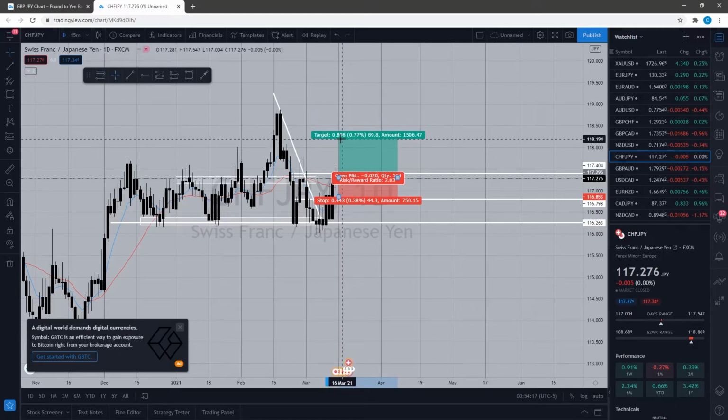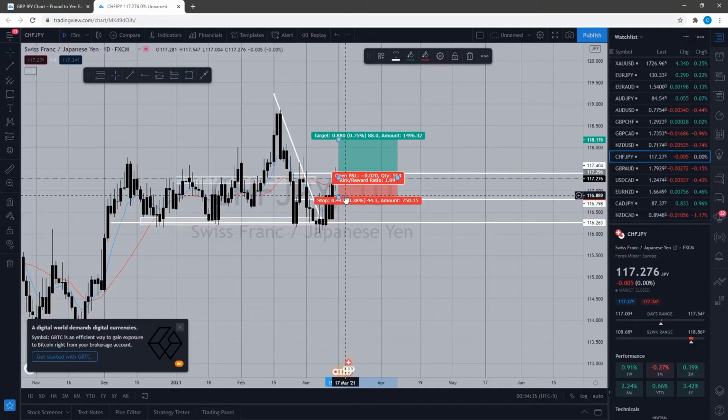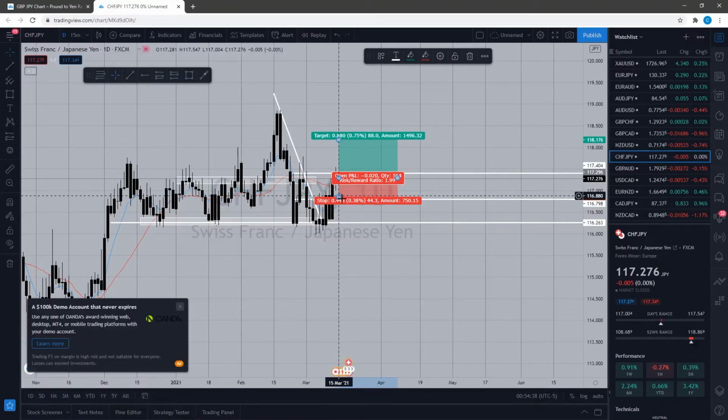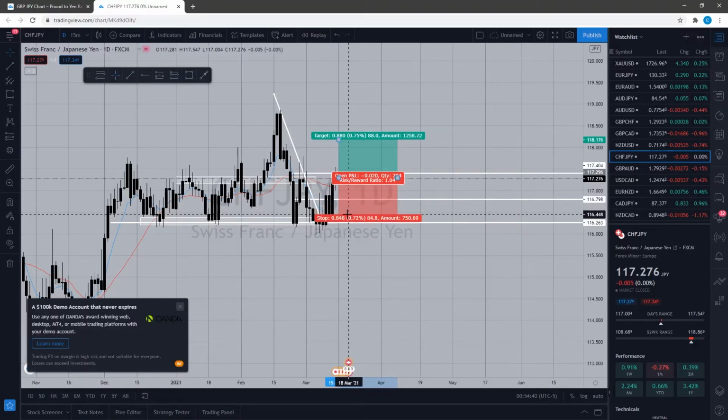So you want to keep that to at least a 2-to-1. That's what I recommend. A lot of people trade differently, but that is how I trade. If not, I go bigger, but I will never go below a 1-to-2 risk reward. It also depends on your stop loss. If your stop loss is down here, that is going to be a 1-to-1.